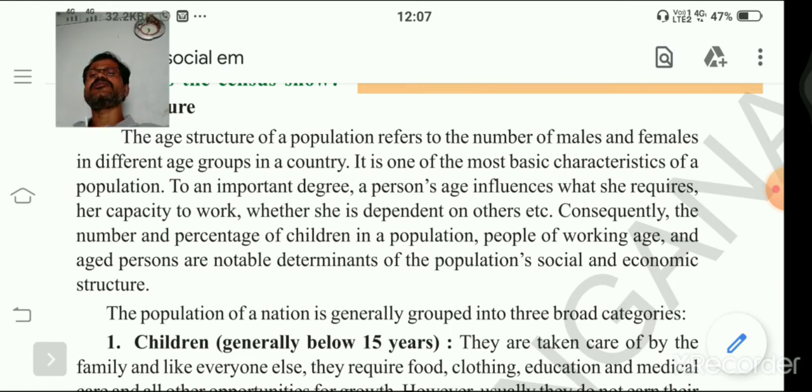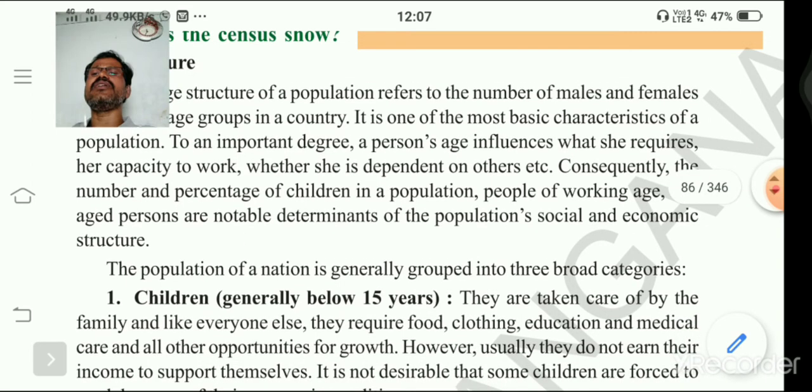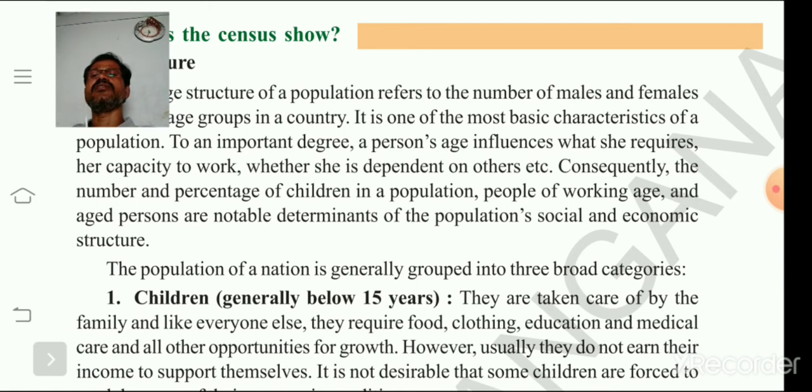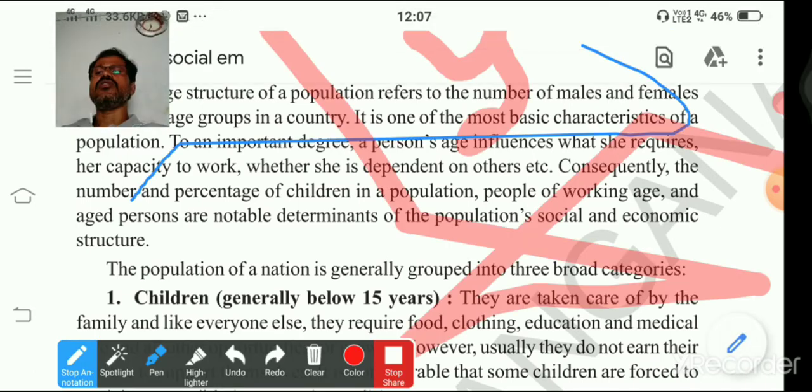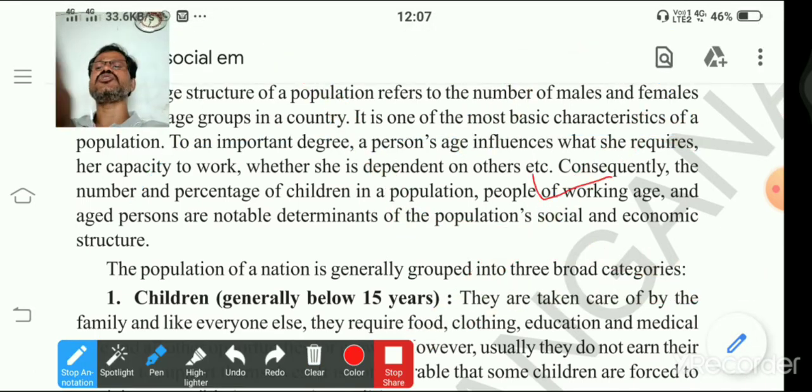So the census has classified people into different age structures. Okay, the population in any nation is categorized into three age groups. One is working age.